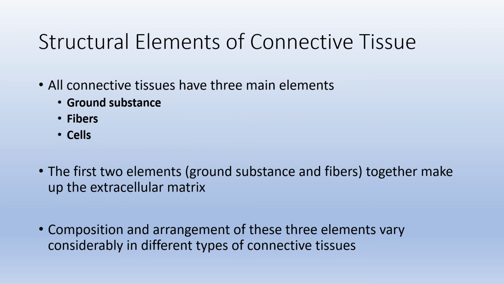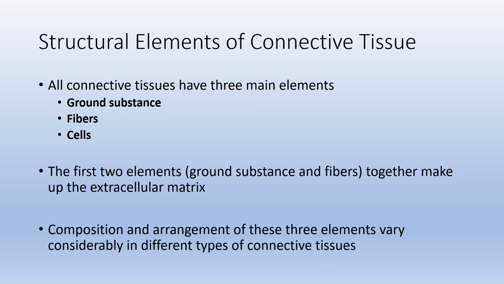Now, the four main classes of connective tissue all seem very different, especially blood. But they are all considered connective tissue because they have the three following elements: ground substance, fibers, and cells. The first two elements, ground substance and fibers, can be put together to just be called the extracellular matrix.